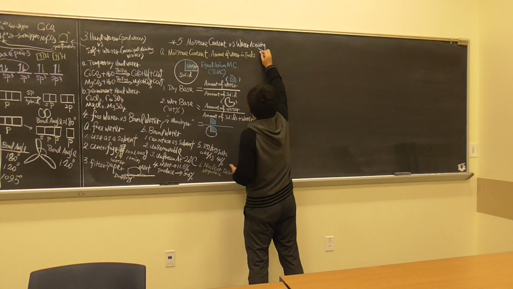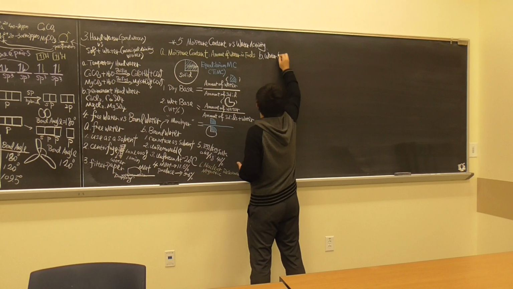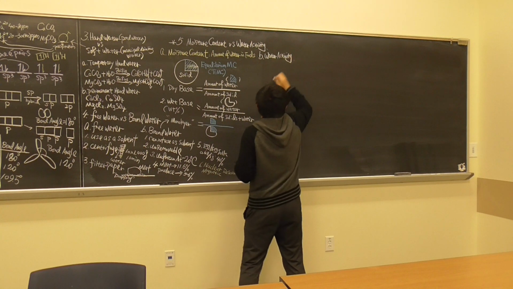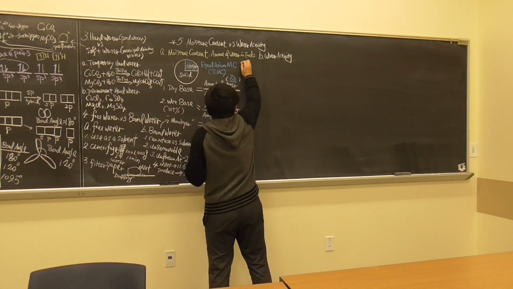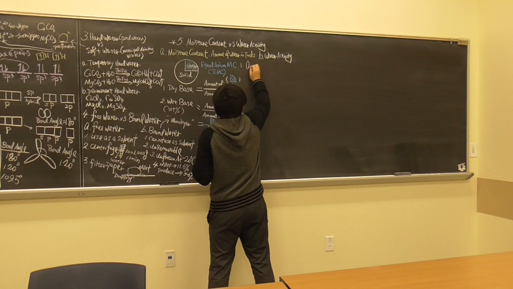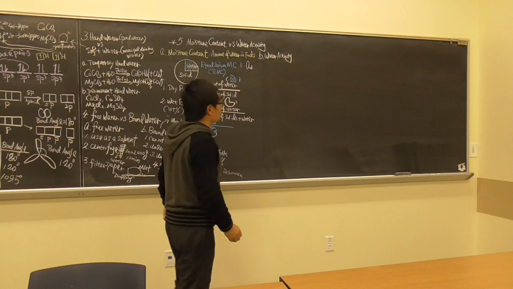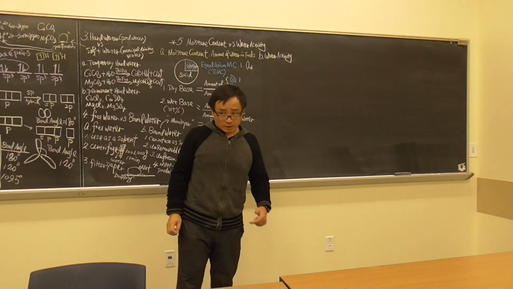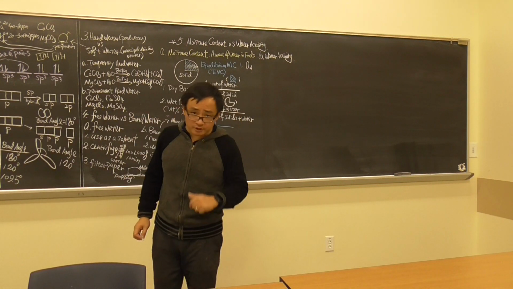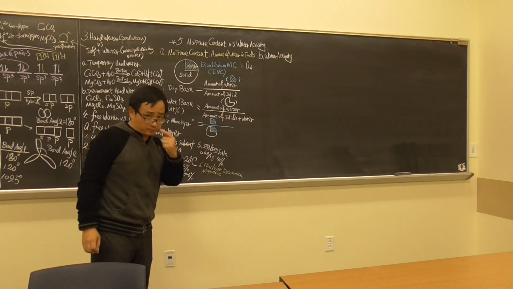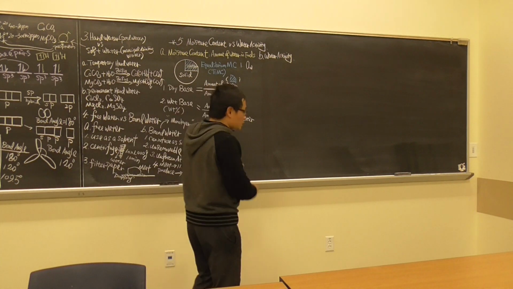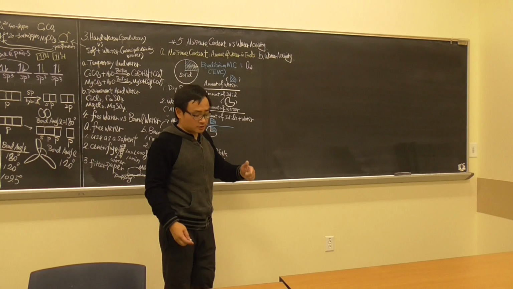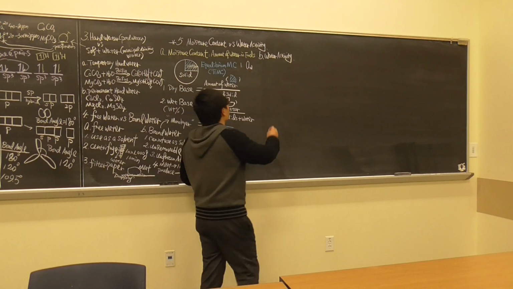water activity. First of all, water activity, we use aw to express it. What is water activity? In my microbiology class, we talk very briefly, and in all those biology classes, you talk about water activity also.